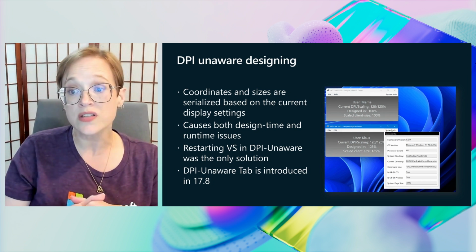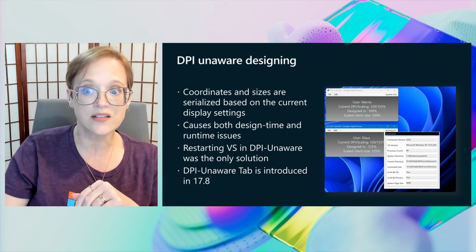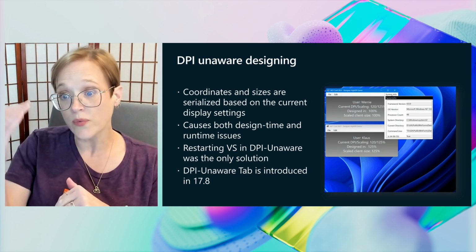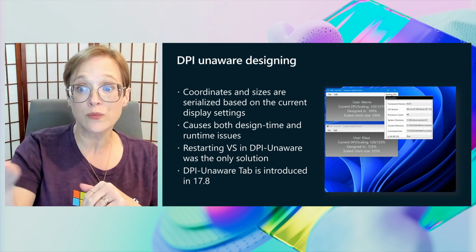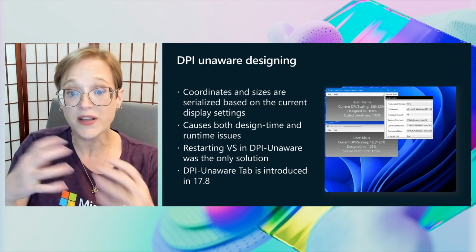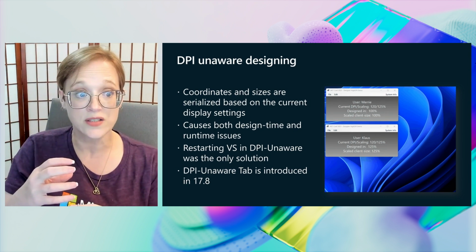This animation shows a design time or a runtime perspective, where if you look at the size of that user control that was just displayed, it goes all the way down to quite a few more lines than what the other version of the application does. And that's because they're running and being designed at different scale factors.